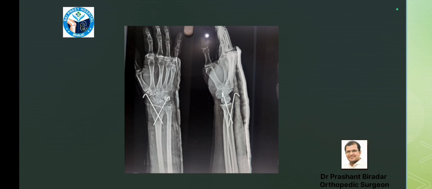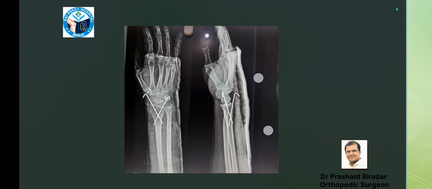So in this case, to reduce it we had to give a local block anesthesia, and under the block we operated. We reduced it first and stabilized with K wires.